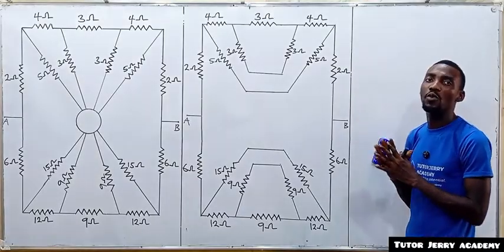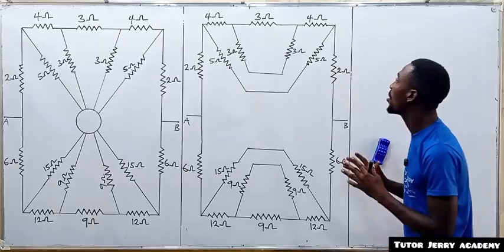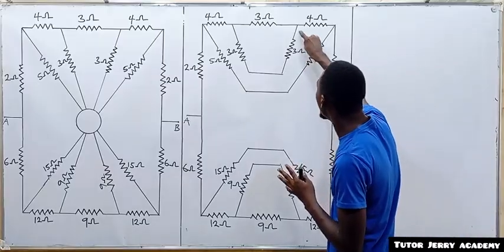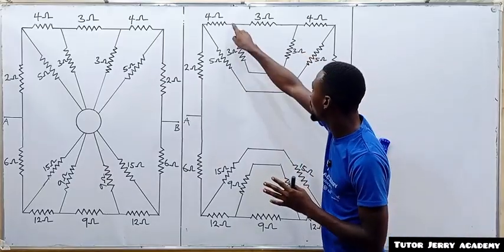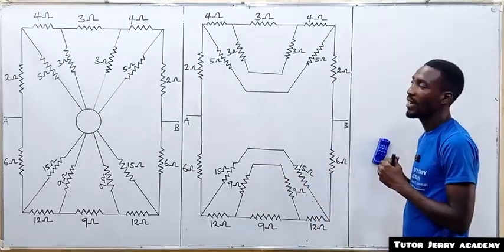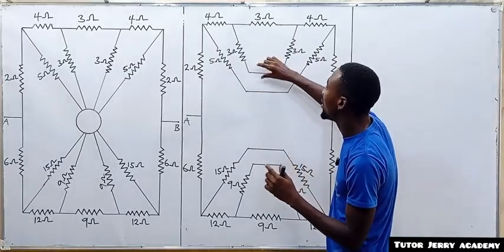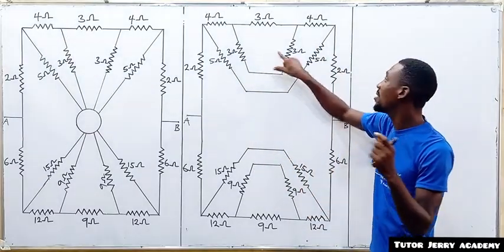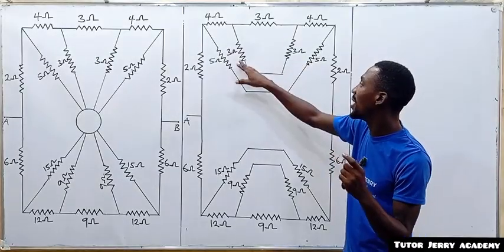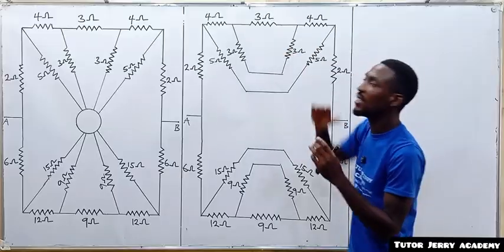Now if you look at this circuit carefully, you are going to observe that this 3 ohms here is in series with these 3 ohms. If we combine them together, the combined effect, that is the equivalent resistance between these 3 ohms and this 3 ohms, will now be in parallel with these 3 ohms here.